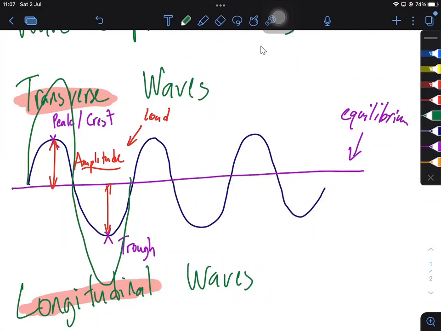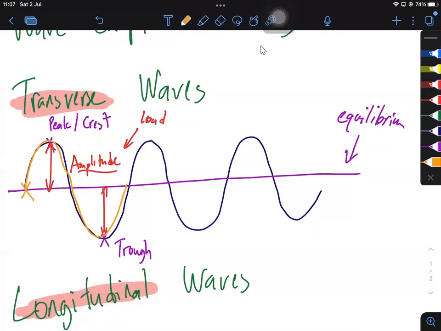Okay, and then of course the next part is obviously the wavelength, right? The wavelength is also very important. The wavelength, guys, is basically measuring how long one full wave is. If you start from the equilibrium position, up, down, up, and it starts repeating itself, right?